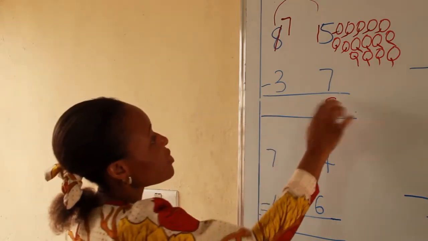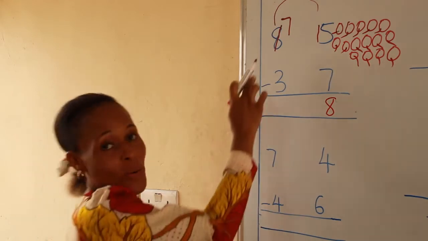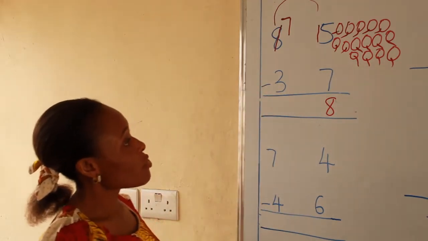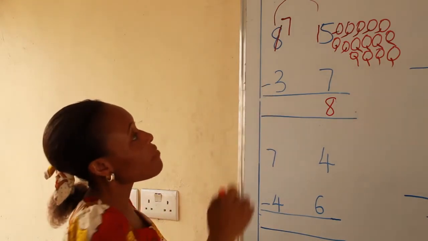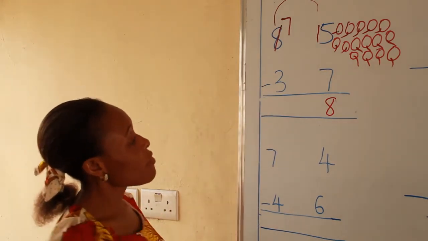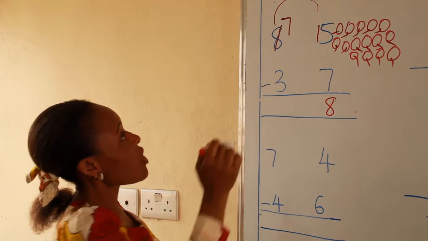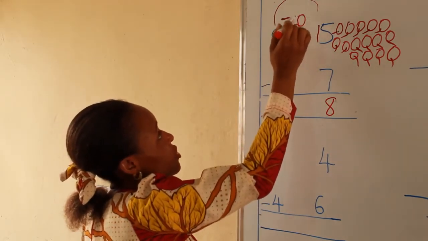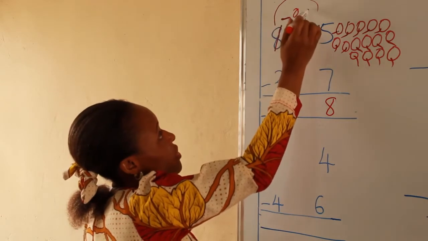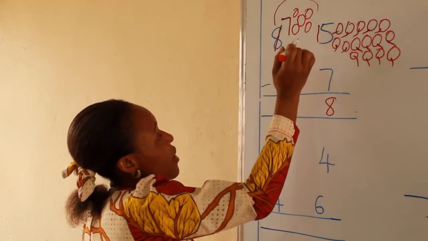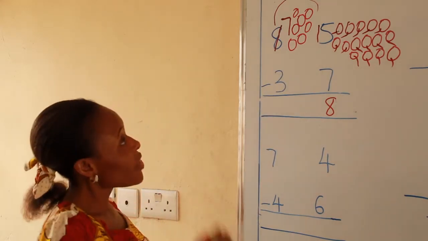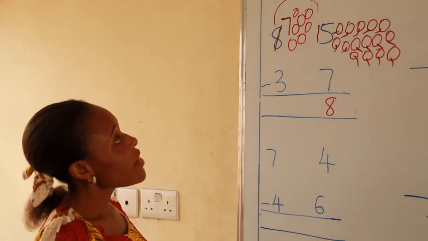Okay. So let's go over to this other side, which is number 7. All we need to do is count our 7 counters and take away 3 counters. Let's draw our 7 counters. 1, 2, 3, 4, 5, 6, and 7. So we are going to count out 3 counters.